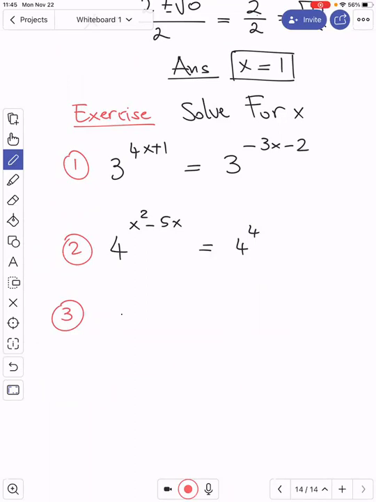And number 3, I'm going to use the number e. So e to the power 2x minus 1 is equal to 1.